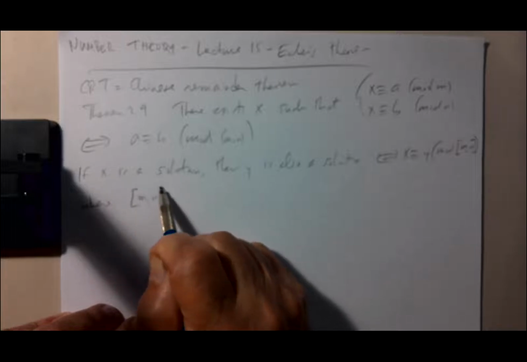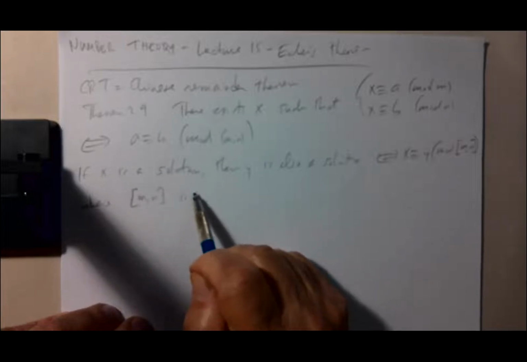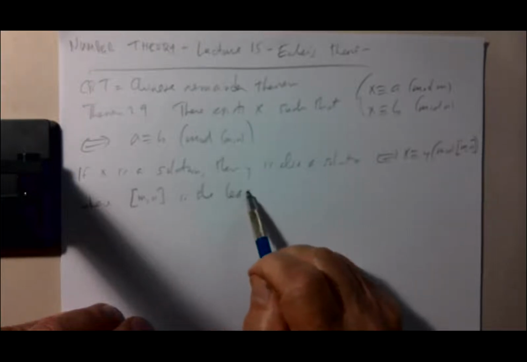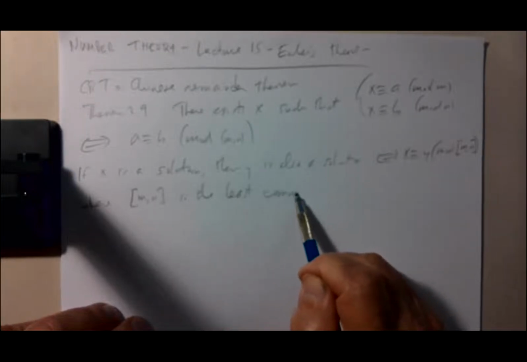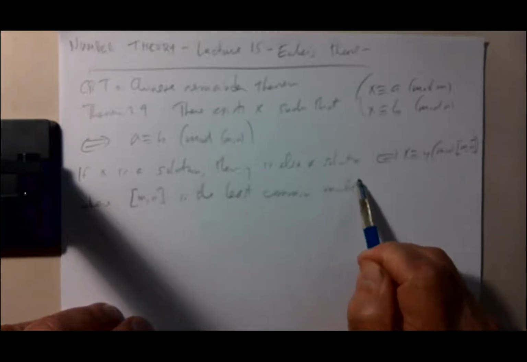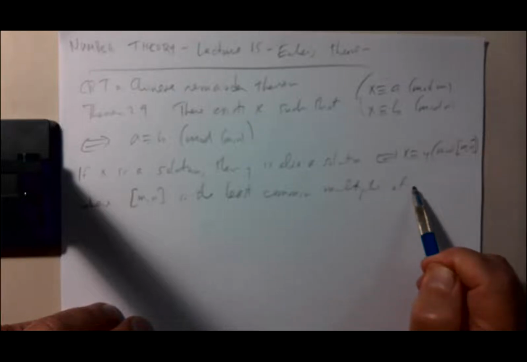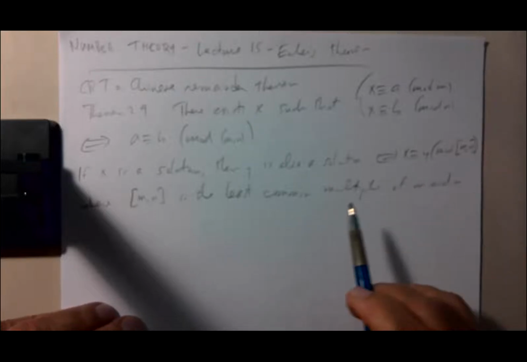So square brackets m, n is the least common multiple of m and n.